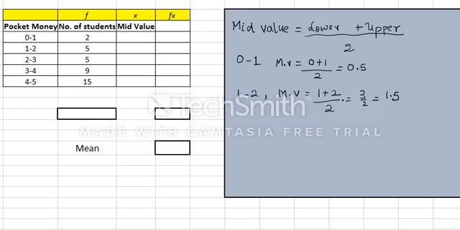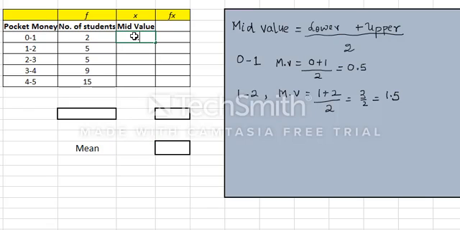Since we are working in Excel, let us key this data onto the table, and then it will become easier for us to go ahead with the calculations. So the mid value for this particular row will be equal to, let me just enter the value which I've calculated over here.